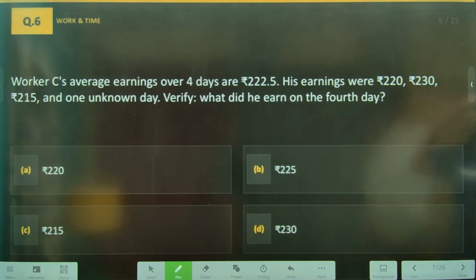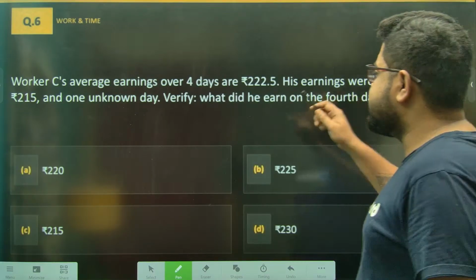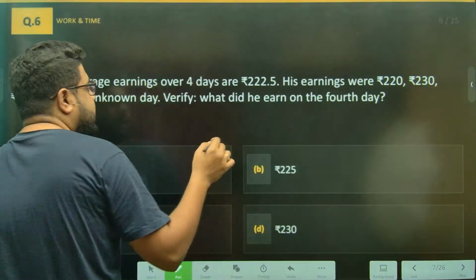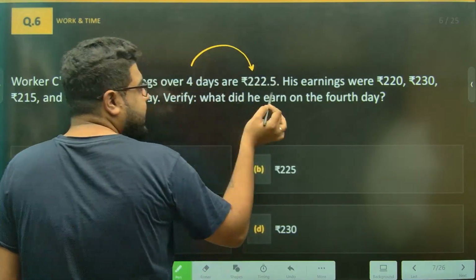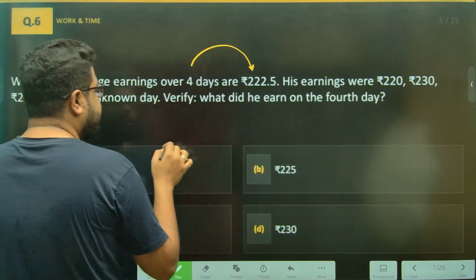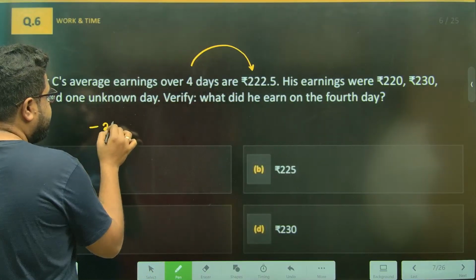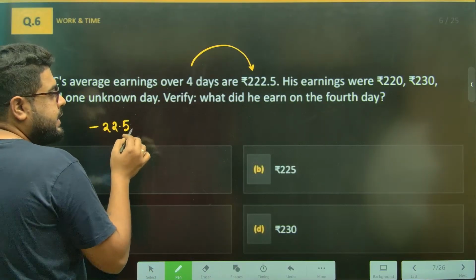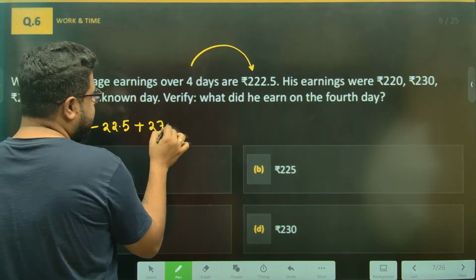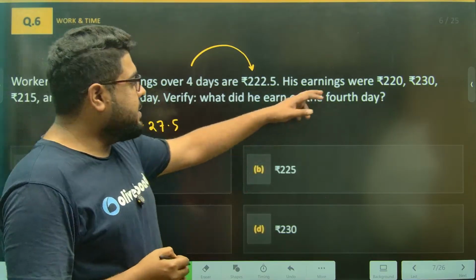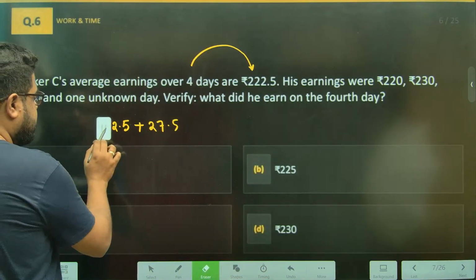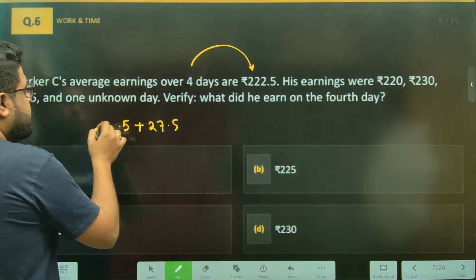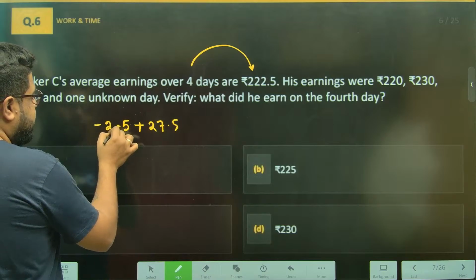Worker C's average wage earnings over 4 days is given. I'm going by deviation. First day, he earned 22.5 less. Second day, he earned 27.5 more. Sorry, 220 was there, my mistake. 220 meaning minus 2.5 only.